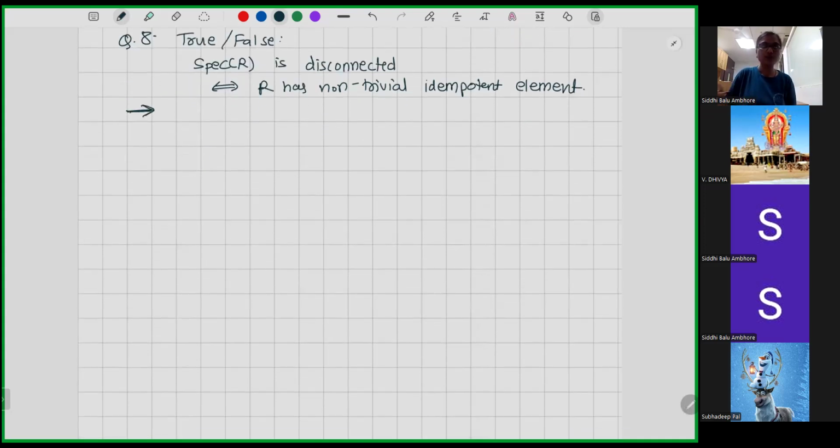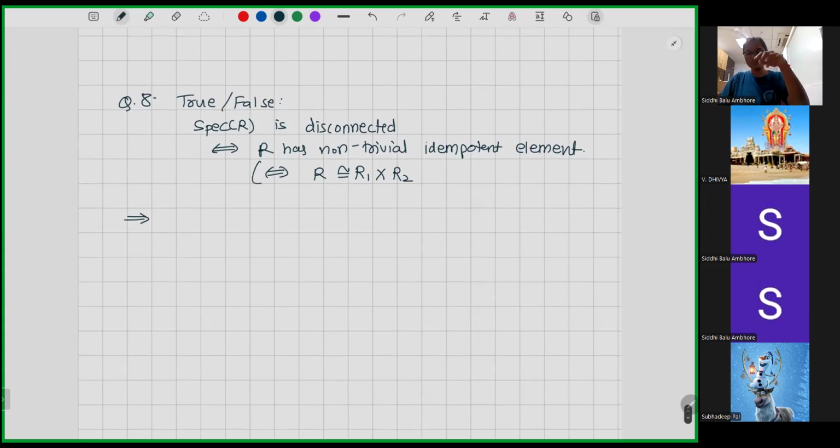Okay, so any guesses here? So we already proved that if R has some non-trivial idempotent element, then R is isomorphic to R1 cross R2. So can we somehow use this?